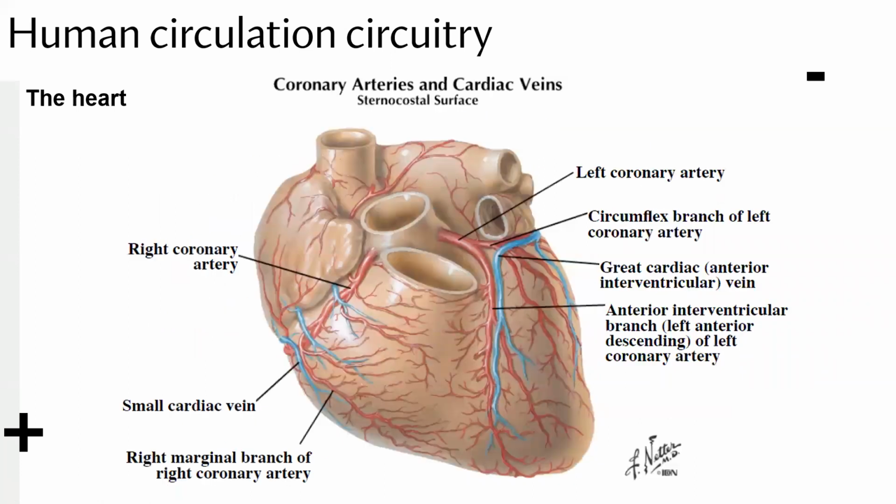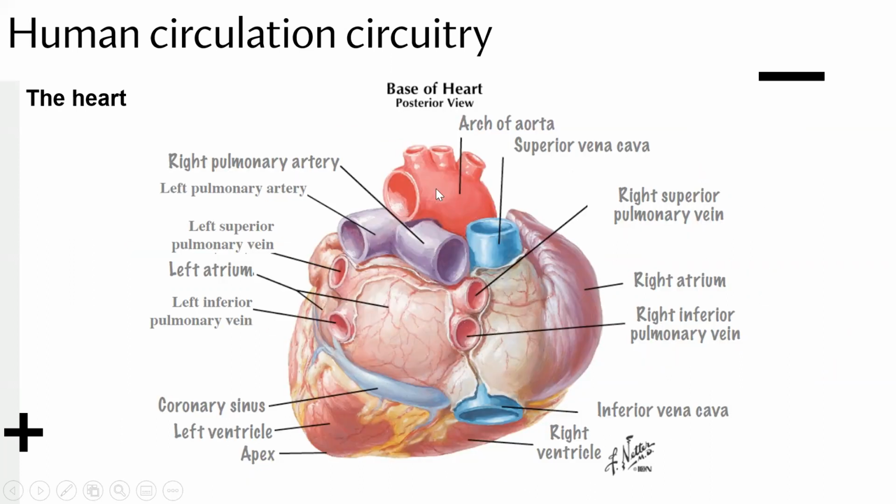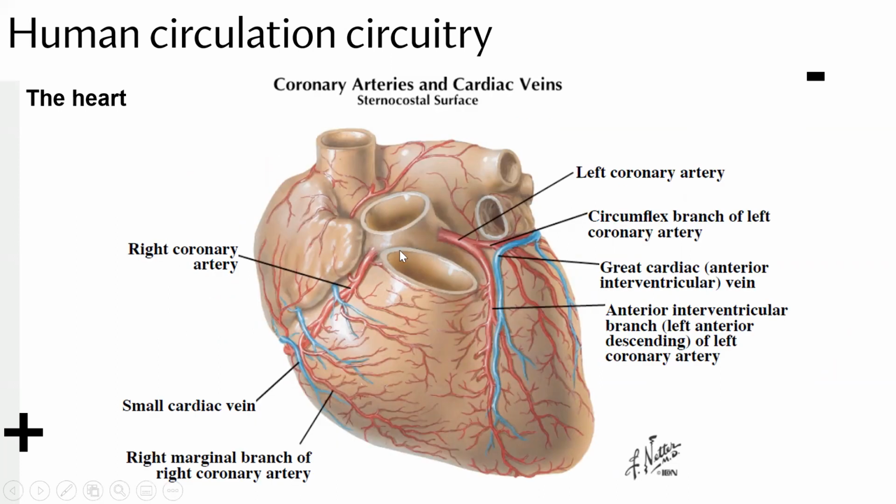So again, here, another part is before it reaches the aorta and the arch of the aorta, a bit of the blood is going to be consumed here just to give all the nutrients needed to the heart itself, because the cells in the periphery of the heart that build up the heart also require oxygen and nutrients.